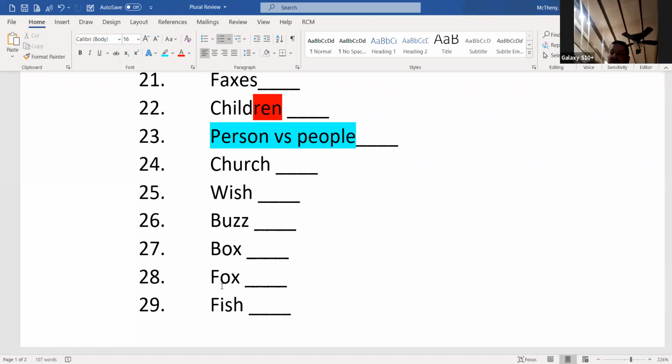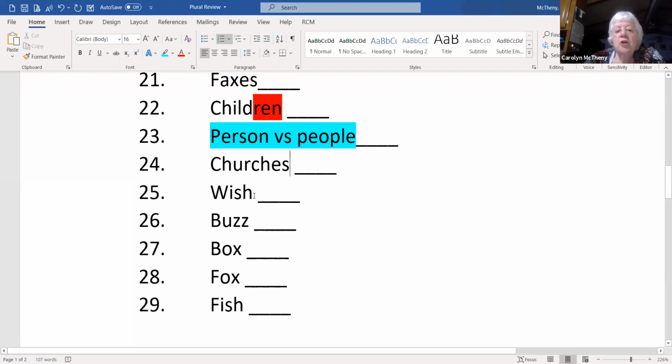It's church. So, churches. Church, ES, churches. Church, ES, okay.